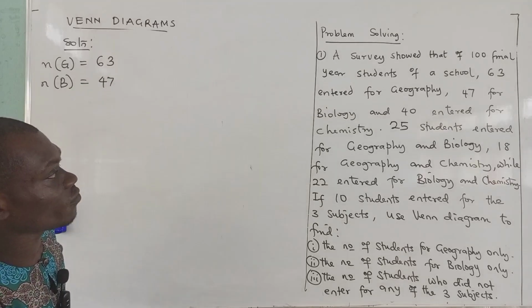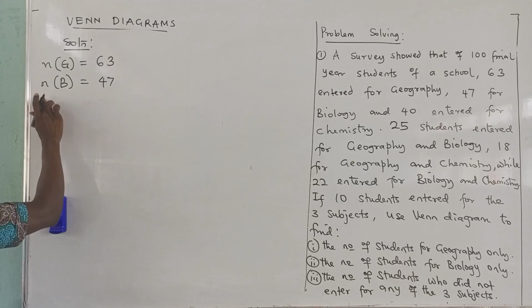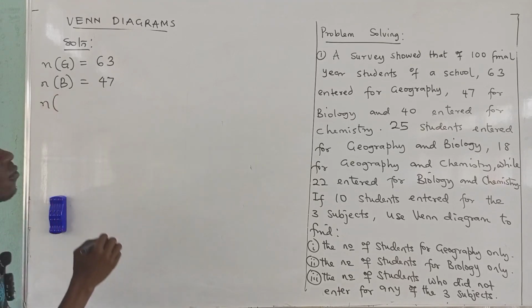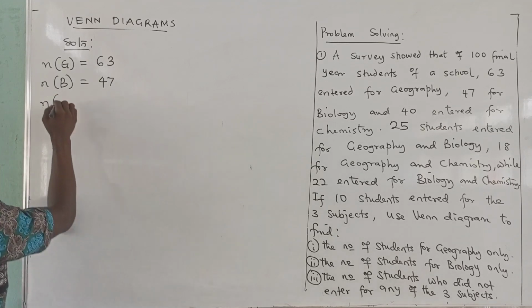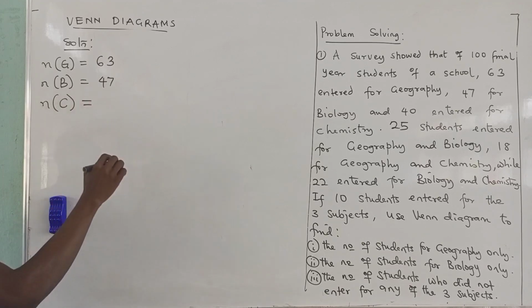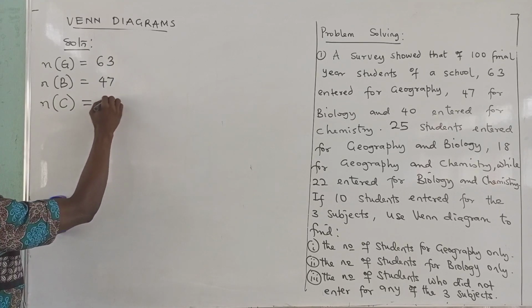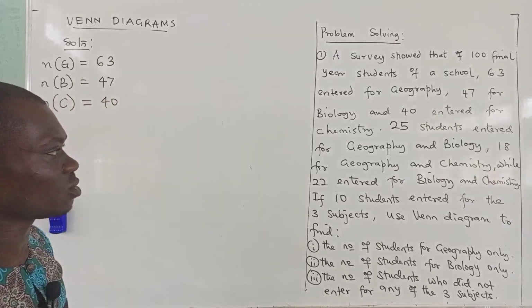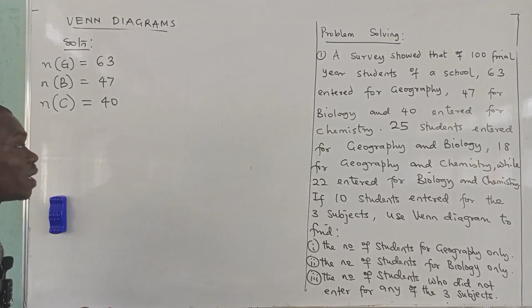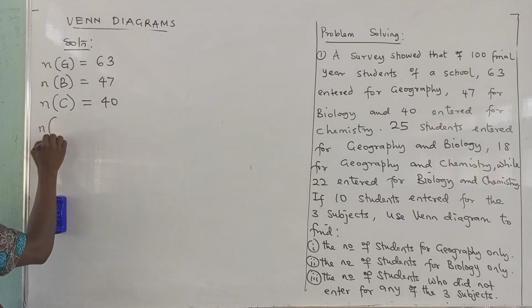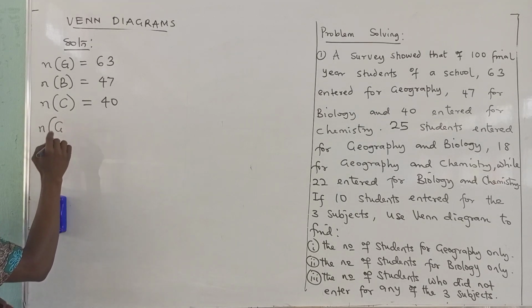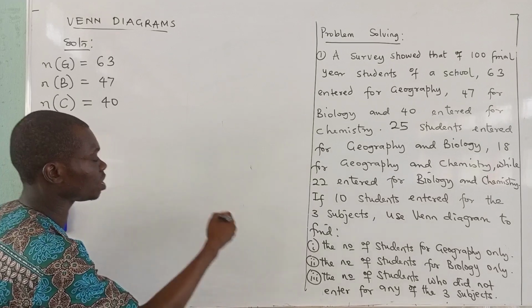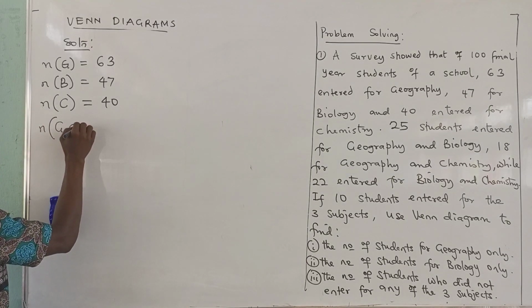And then what again? It says 40 entered for chemistry. Let's use C for chemistry. Okay, and then it says 25 of these students entered for geography and biology. That is to say, do you remember, geography and biology means geography intersection biology.